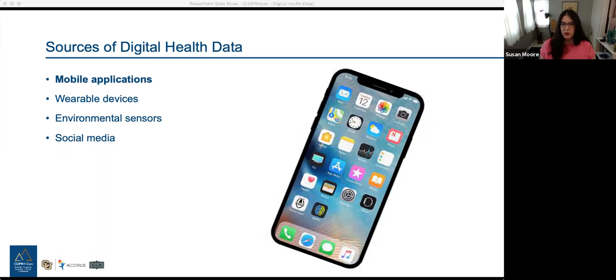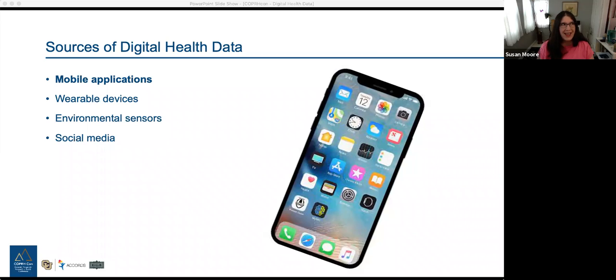The reason that I'm mentioning that is because for applications dedicated specifically to mobile health, to health purposes, nothing else, as of the first quarter of this year, there were 53,054 available for download on Google Play and 53,979 mobile health apps available in the Apple Store. That's a lot of applications that are out there that are available for use.